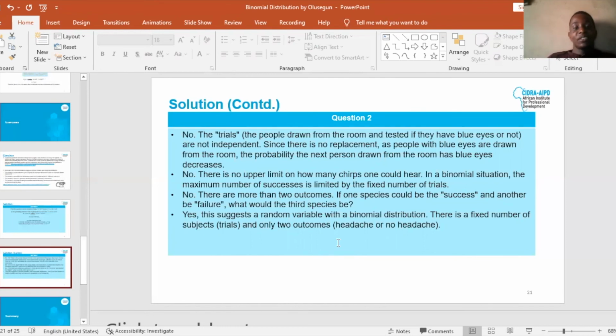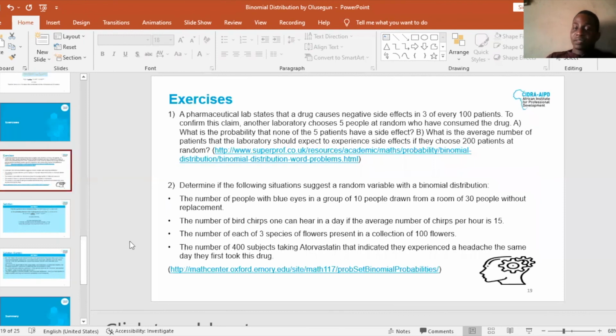In this case, depending on the context, you can call headache the success and no headache the failure. There is a fixed number of 400 subjects and two defined mutually exclusive outcomes, headache or no headache. From these exercises, we understand how to apply the formula for binomial distribution and what type of situations can be modeled with a binomial distribution.